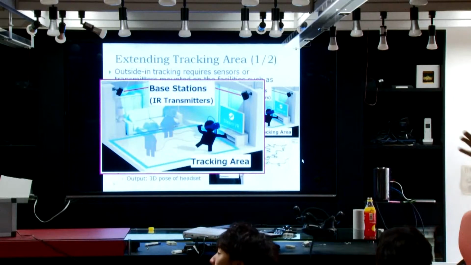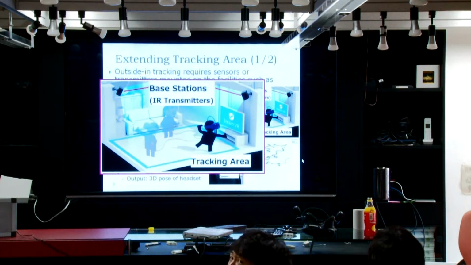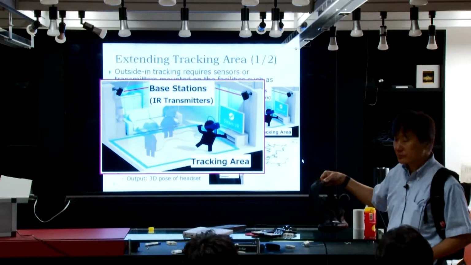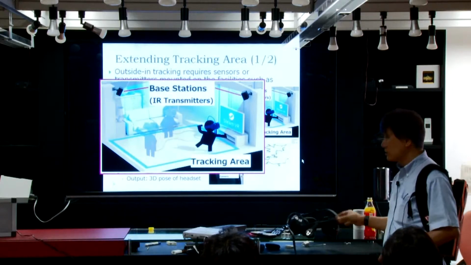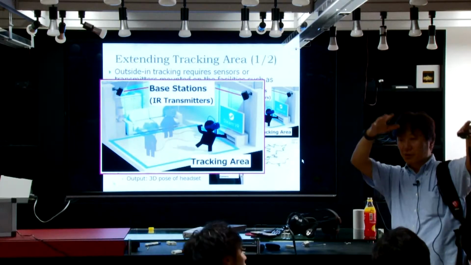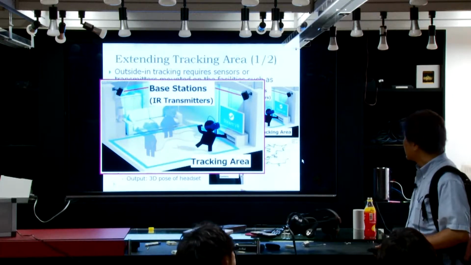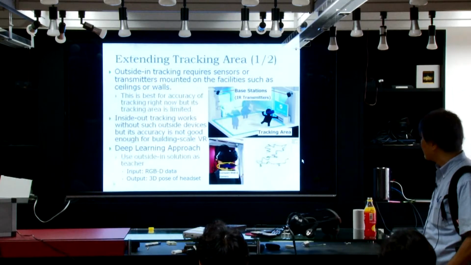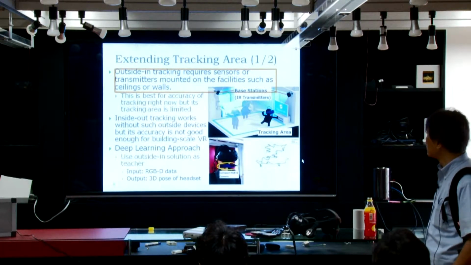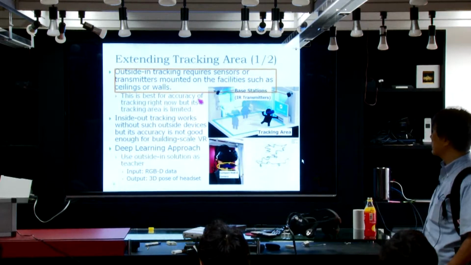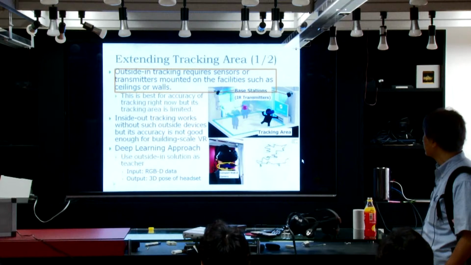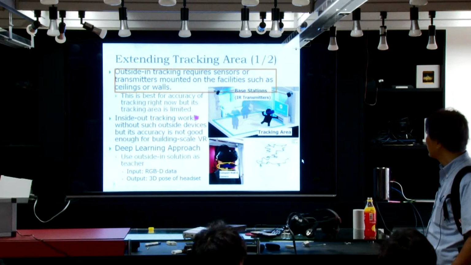This sensor tracks the movement of this headset. But this is limited to an area like this. So this is called an outside-in tracking system. That requires sensors and transmitters mounted on the ceiling, the facilities.